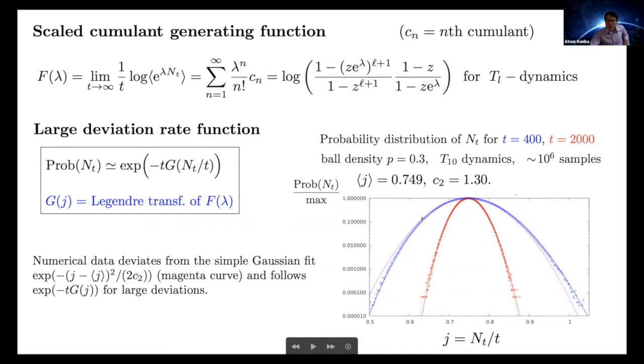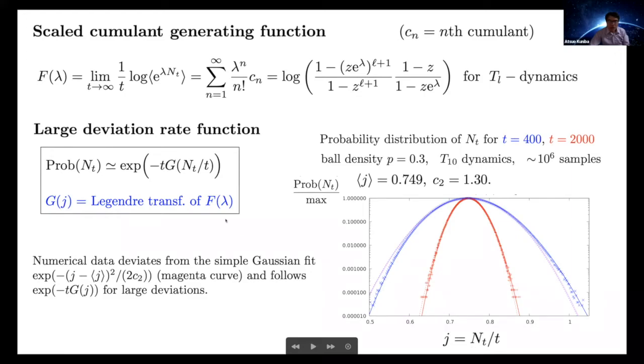This blue plot is for time t = 4000 and the red plot is for time 2000, with ball density 0.3, the T10 dynamics, and about a million samples. The meaning of J is an average current.